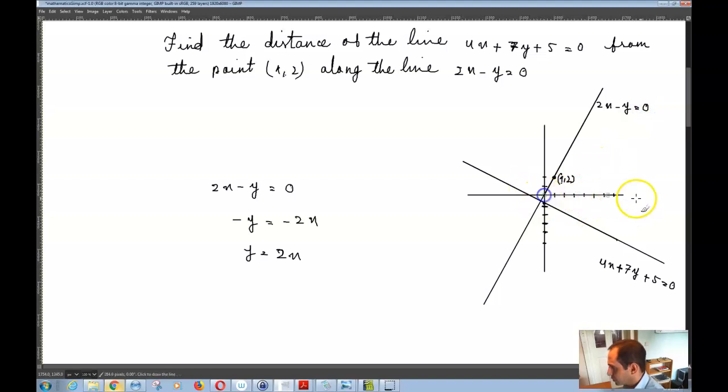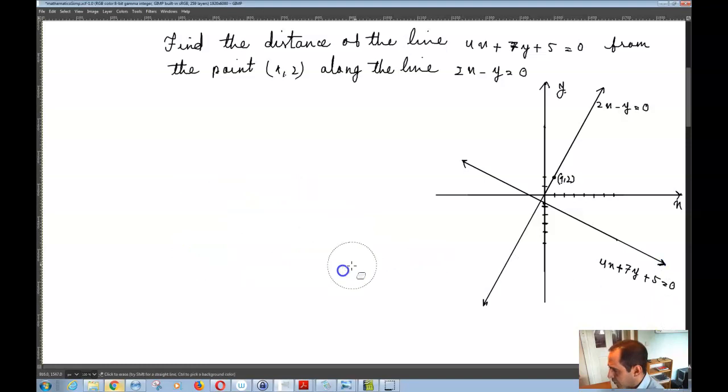And of course this, as you know, is the x-axis, and this over here is the y-axis. And these are of course lines. You already know that. Normally you should basically show that they are lines.